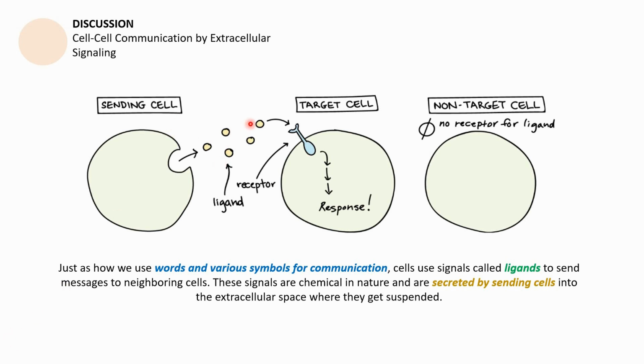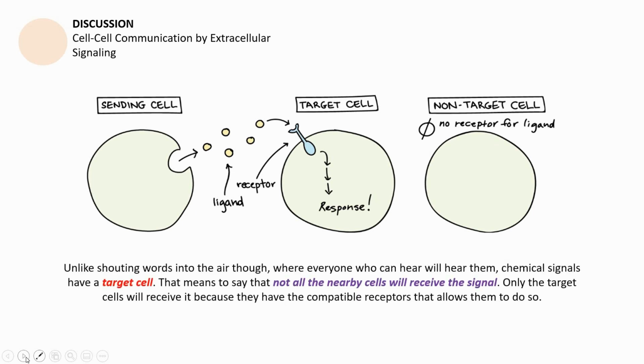Ito yung extracellular space na tinutukoy niya. It is the space outside of cells. And then the ligand is going to be suspended in that space until it's picked up by a target cell, or it's going to just suffer a particular fate. Unlike shouting words, where everyone can hear what you said, ang mga chemical signals, meron sila again mga target cell.